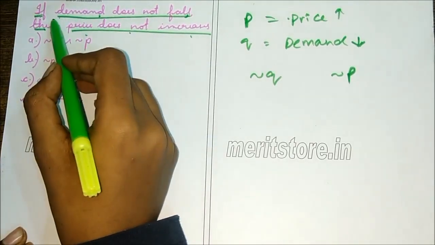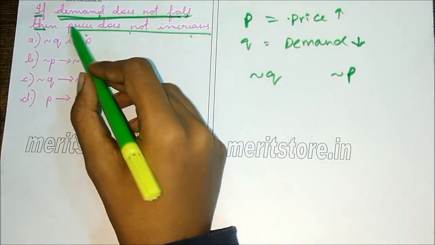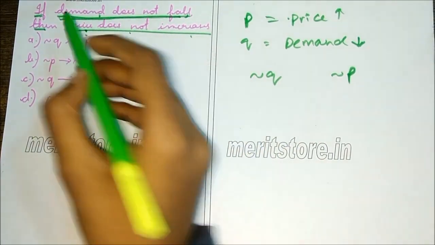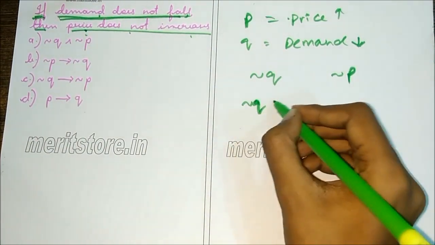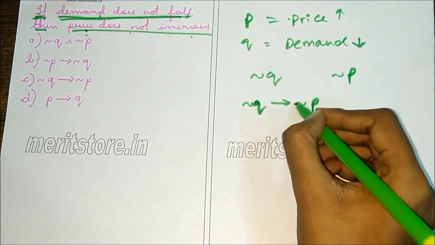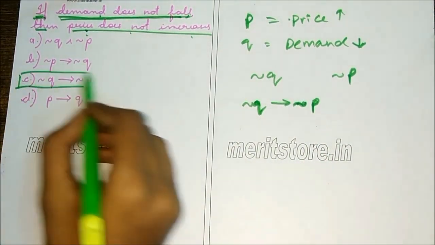So negation of Q is a sufficient condition for negation of P. So this can be written as negation of Q arrow negation of P, which is option C.